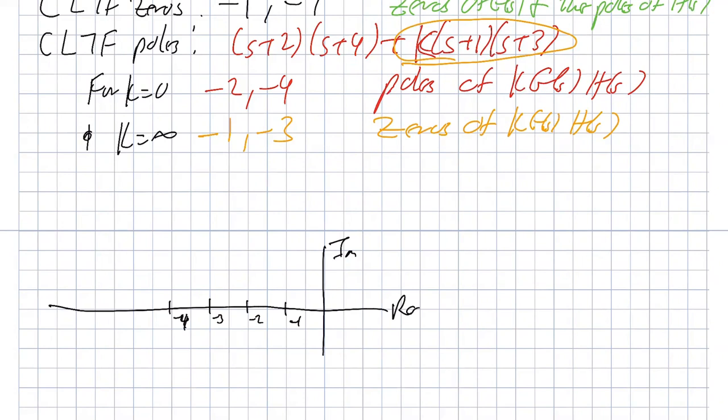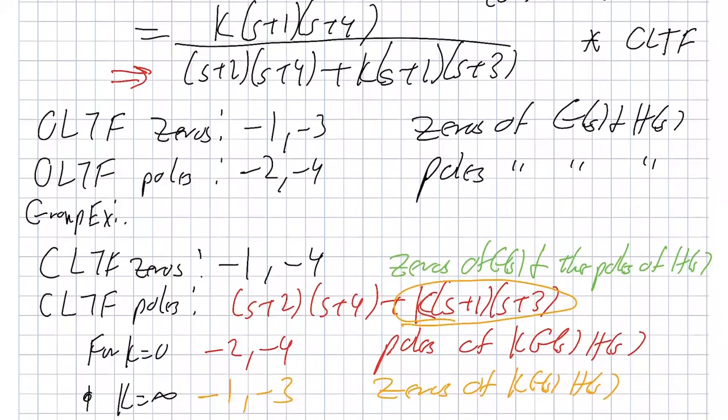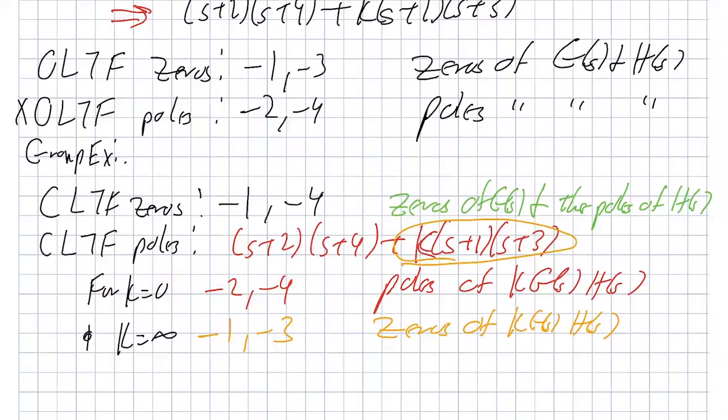For our open loop transfer function poles, -2 and -4, we use x's.